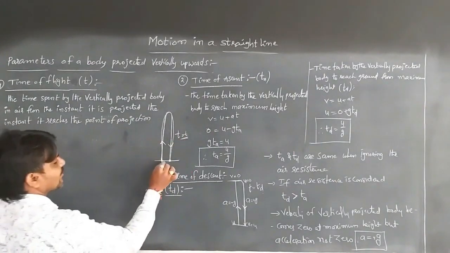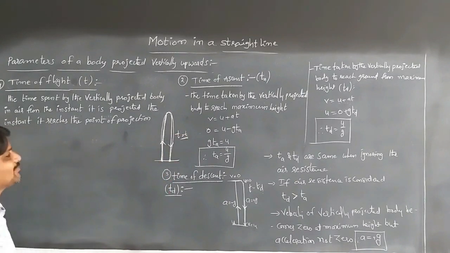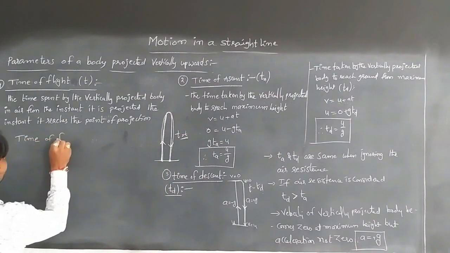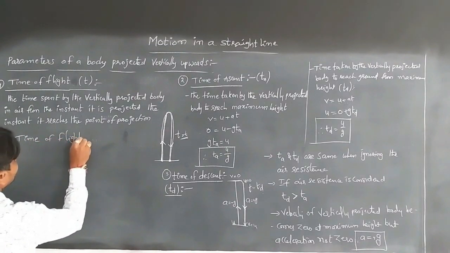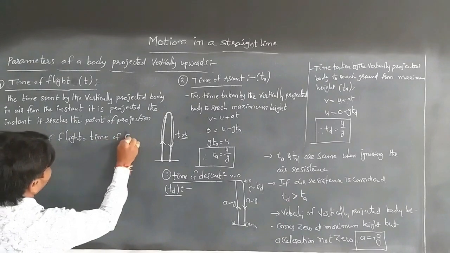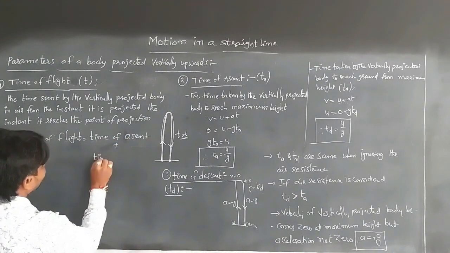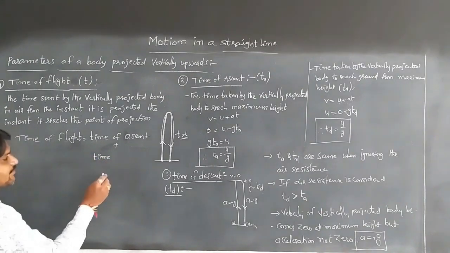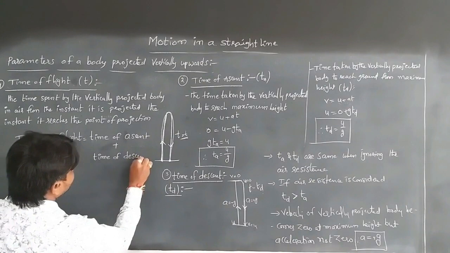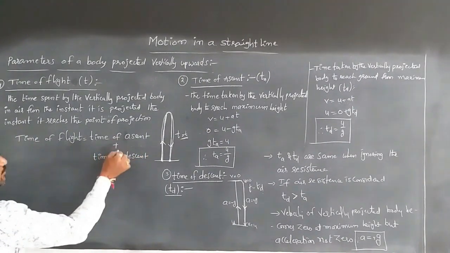This consists of the time of ascent and the time of descent. So the time of flight is equal to the time of ascent plus the time of descent.